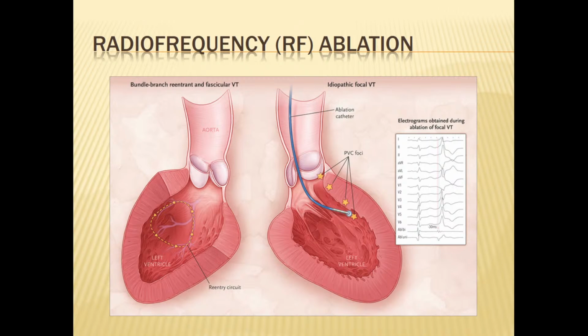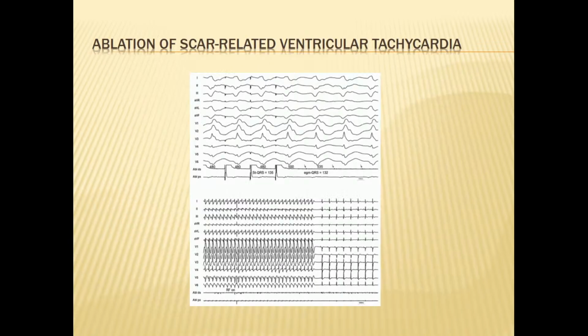Radiofrequency ablation can also be done in case of paroxysmal ventricular tachycardia. You have to put electrodes in the place of origin of ventricular tachycardia and damage these parts.